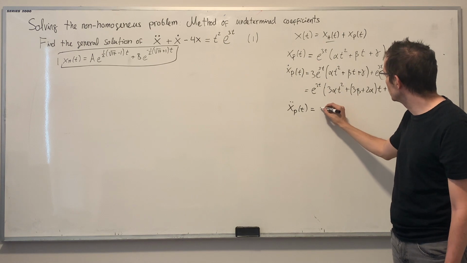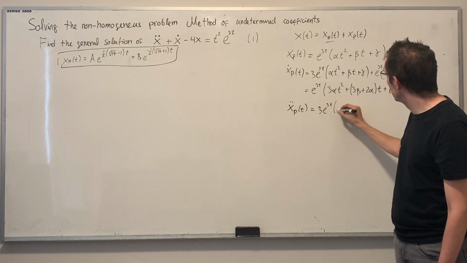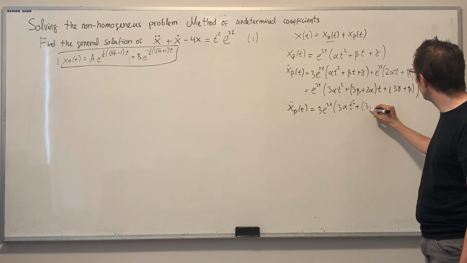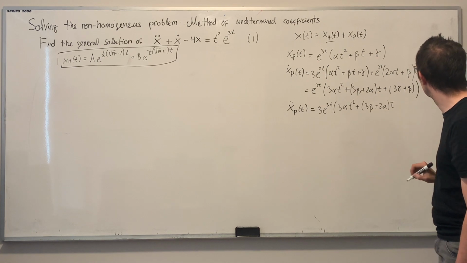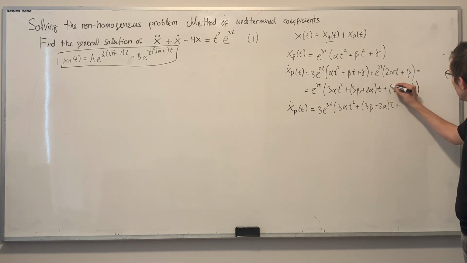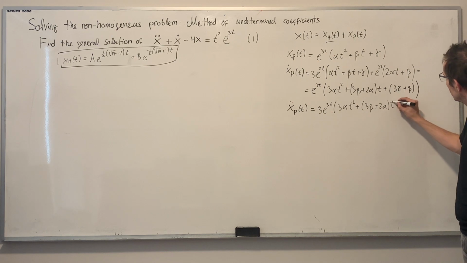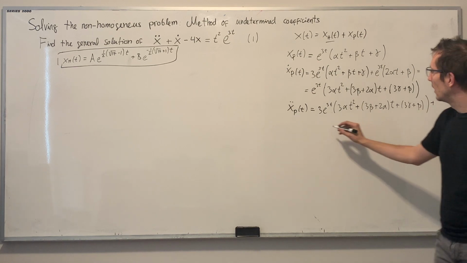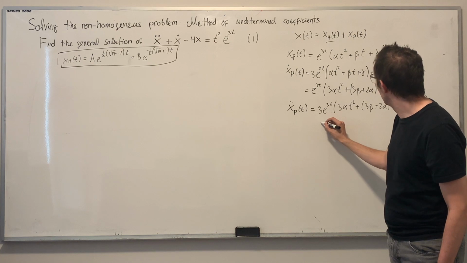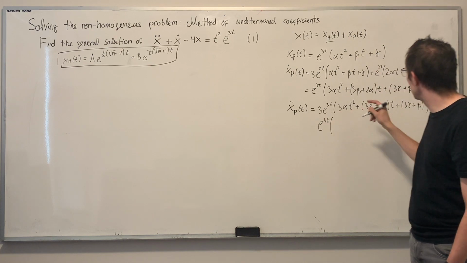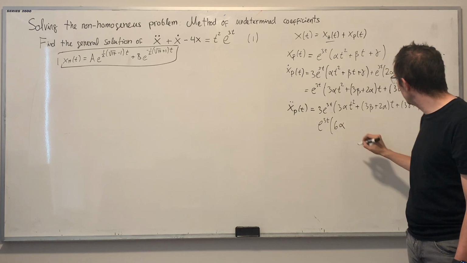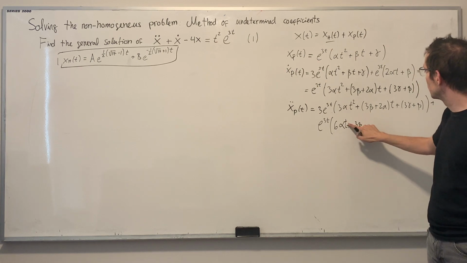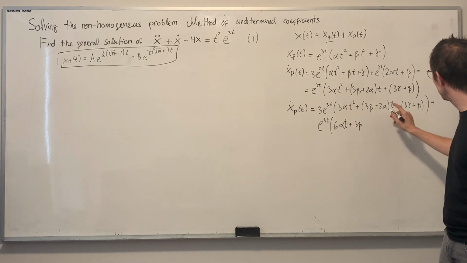Same thing as we did before: 3 exponential of 3t times 3 alpha t squared plus 3 beta plus 2 alpha t plus 3 gamma plus beta, all right, plus the exponential of 3t times the derivative of the inside, that gives me 6 alpha t, sorry, plus 3 beta plus 2 alpha.